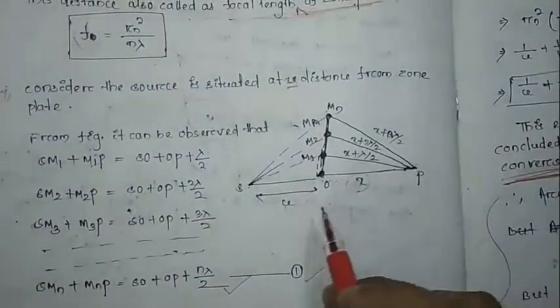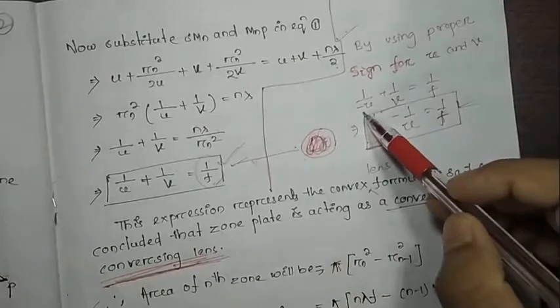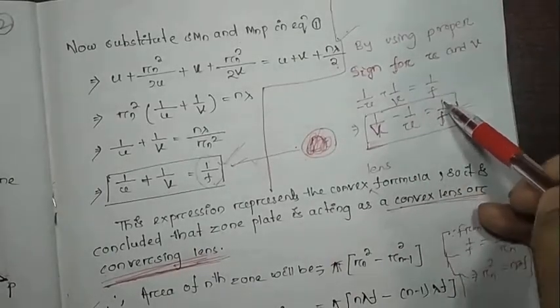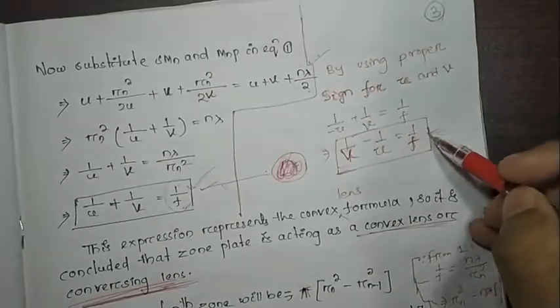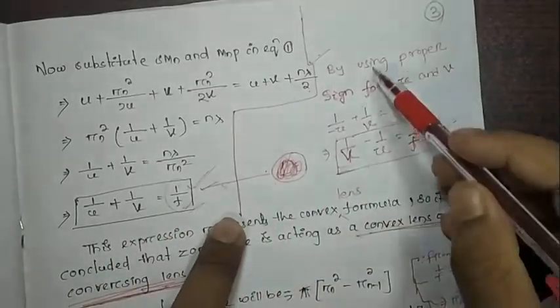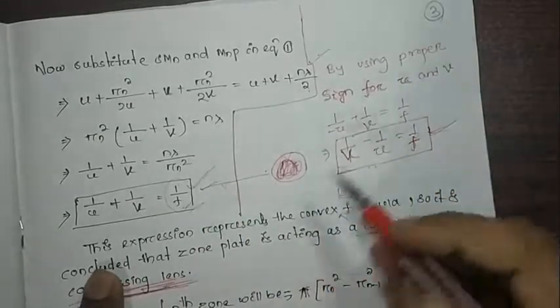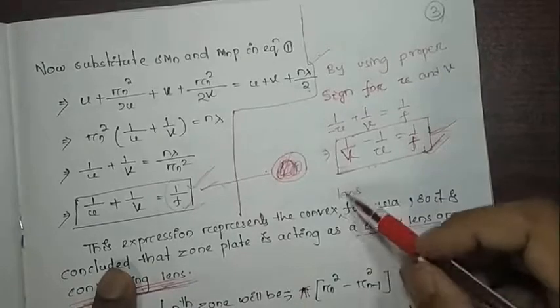Likewise, the u distance will be negative. So instead of 1 by u, we can write 1 by minus u plus 1 by v equal to 1 by f. That will be 1 by v minus 1 by u equal to 1 by f. After this, you have to write this one. This expression represents the convex lens formula.